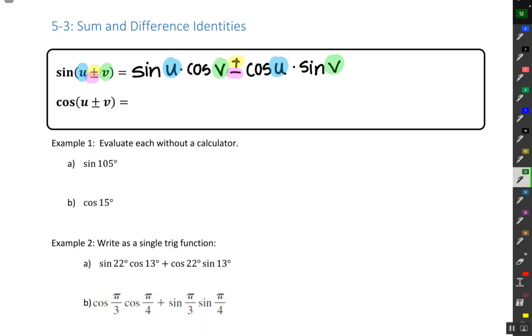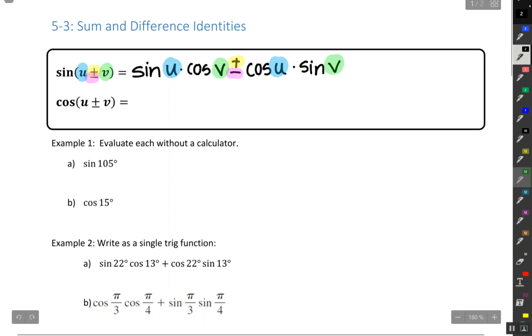Now let's take a look at the cosine version. The cosine of u plus or minus v is the cosine of u times the cosine of v, minus plus, and we'll talk about what that means, the sine of u times the sine of v.